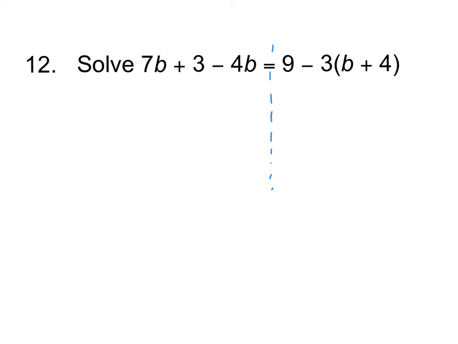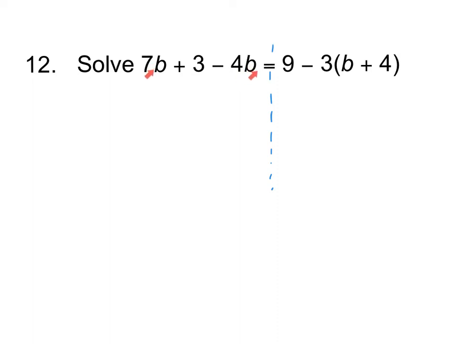With this one, I strongly suggest that you separate both sides of the equal sign. I also suggest that as you're looking at a really large equation such as this, you take each side separately and simplify it. So if you're looking at the expression on the left, what can I simplify within this here? You can simplify the 7b and the minus 4b because they're on the same side.